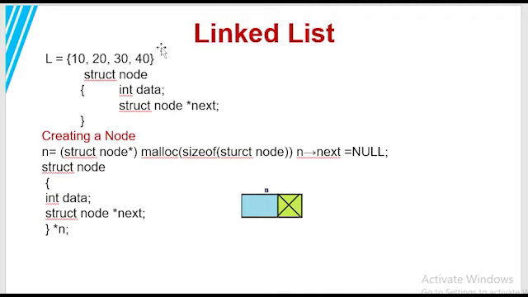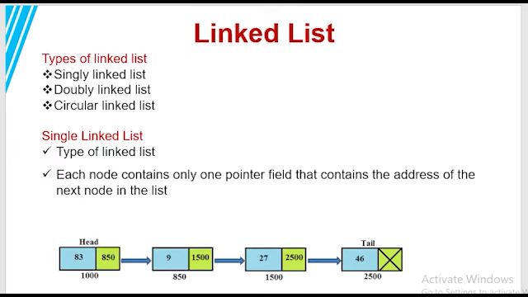For the total number of elements in a list, you create a node equivalent to this structure, allocate memory using the malloc function, and that memory should be reflected to the structure of the node. You allocate memory for each and every node, specifying the structure of the node here.